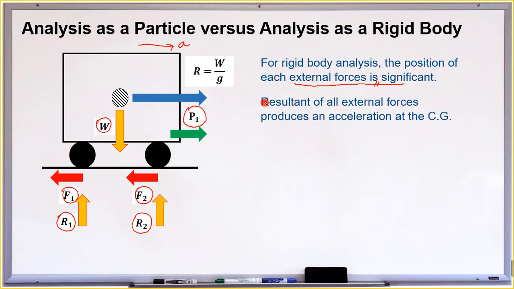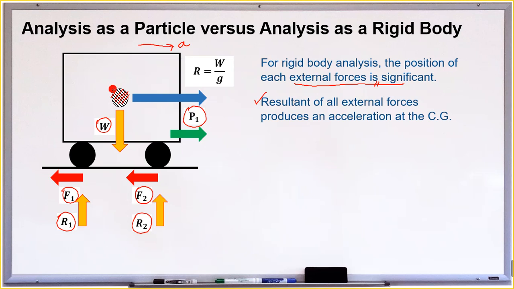Okay, so we still need to get this, and in solving the resultant force, it should act at the center of gravity. So even if we are doing the analysis as a rigid body, we still need some information from the analysis as a particle. We should not ignore what we did earlier. We still need to treat this object as a particle.